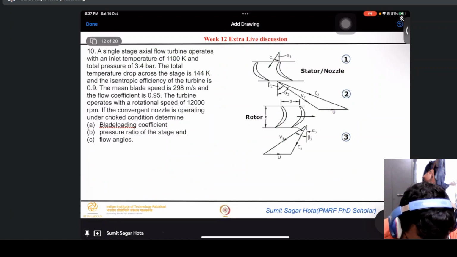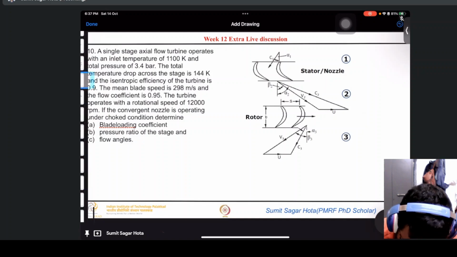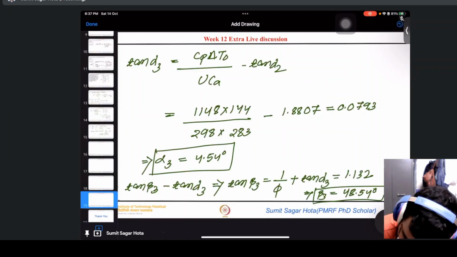Flow angle here, alpha 3 and beta 3. Okay, get your answers.